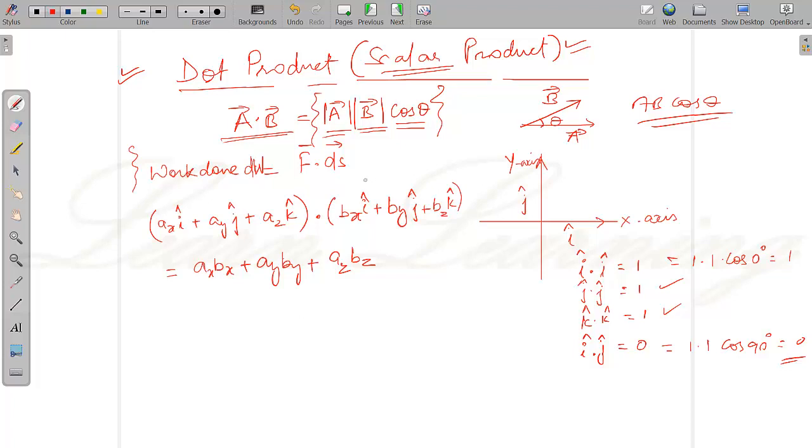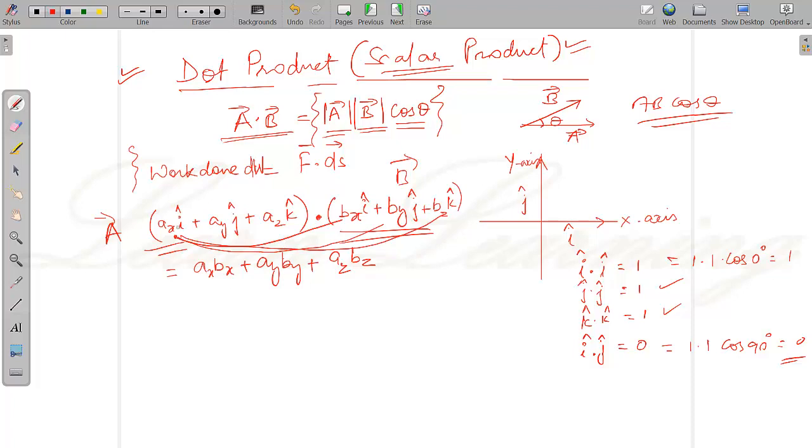Okay, so if you want to do the dot product of two vectors, how do we do it? Let's say there is a vector A and a vector B. We need to multiply this component with this, this with this, and so on in a similar way.